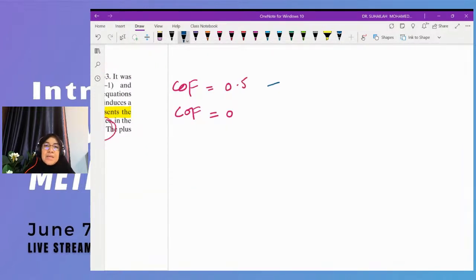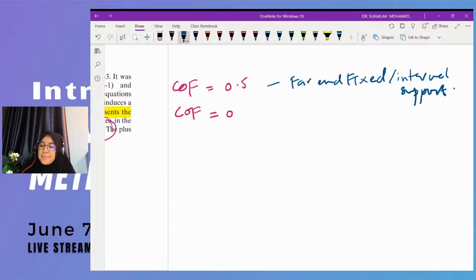One is for far end fixed or internal support, and 0 will be used for far end roller or pin.